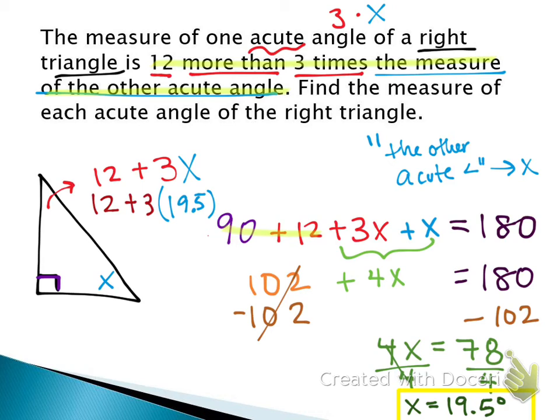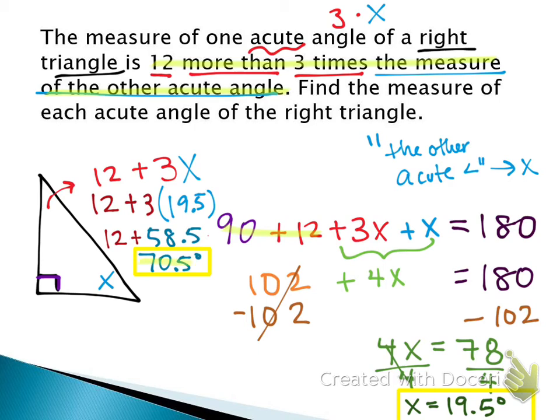So what is 3 times 19 and a half? 58.5. Add it to 12 and we get 70.5 degrees.